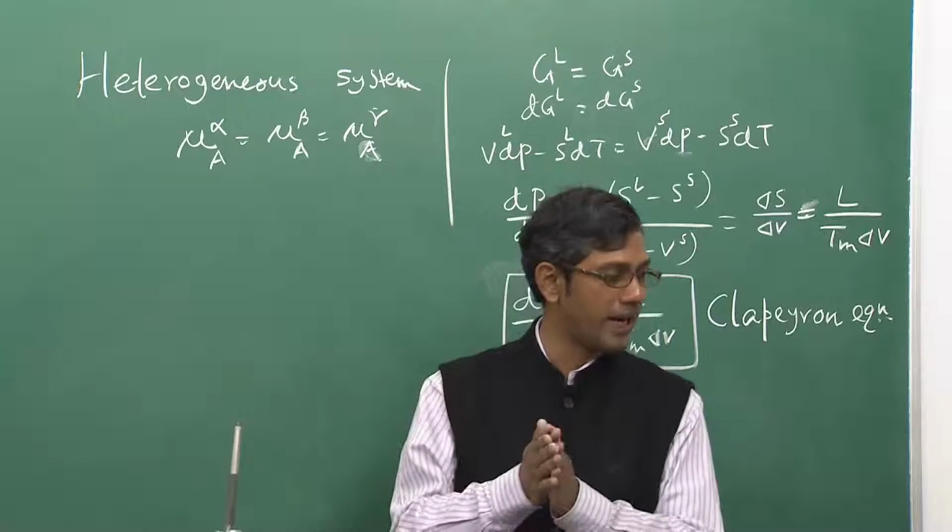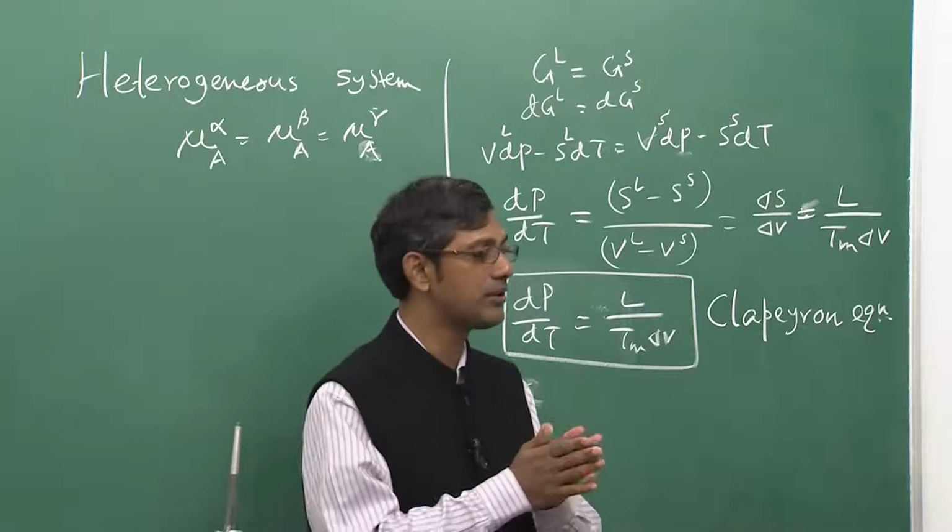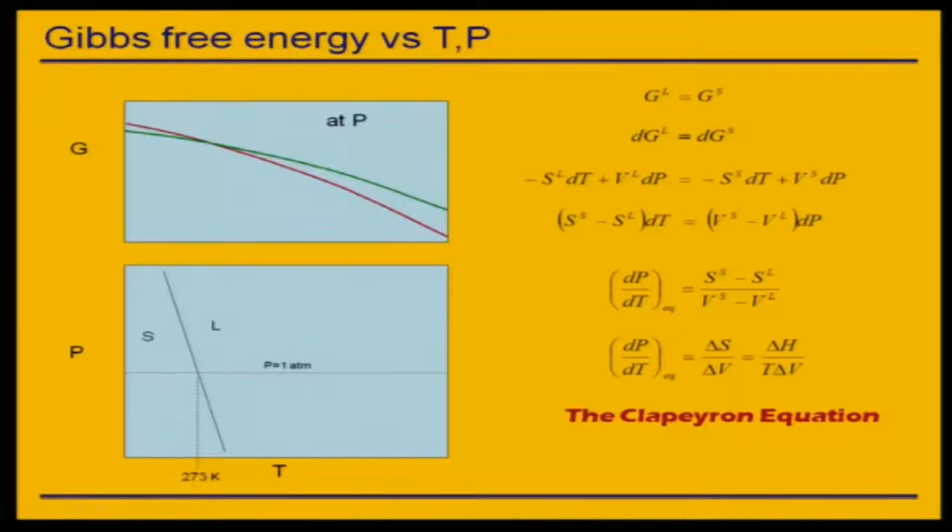Before I move ahead, let me also try to solve a problem, because you will be solving many problems in your assignments, and in some cases it is important to know how to apply this rule. Let us say there is a problem which I will read out to you: pure nickel melts at 1726 Kelvin at 1 atmospheric pressure.